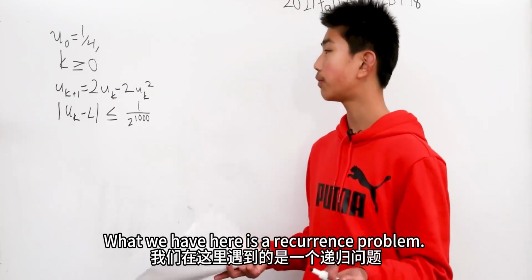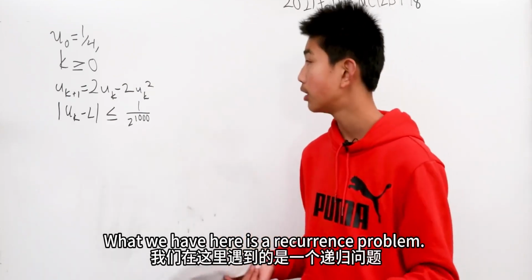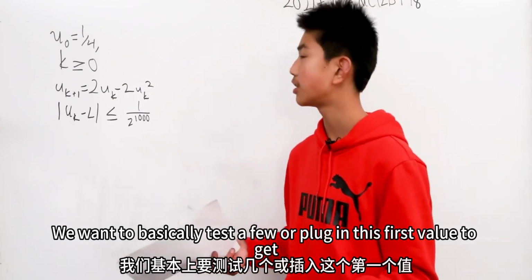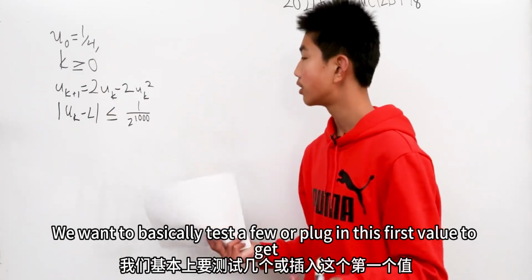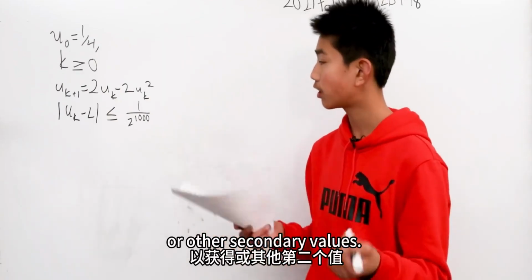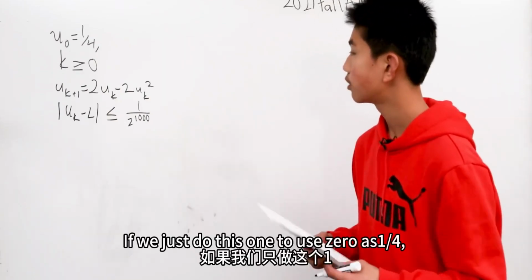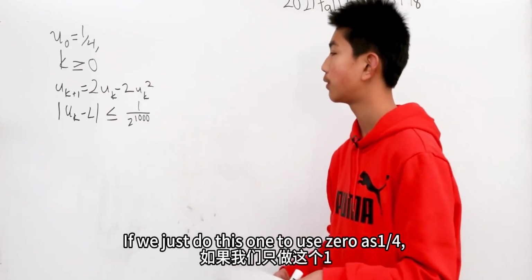So what we have here is a recurrence problem, and we want to plug in this first value to get our other secondary values. So if we just do this once, u0 is 1/4.